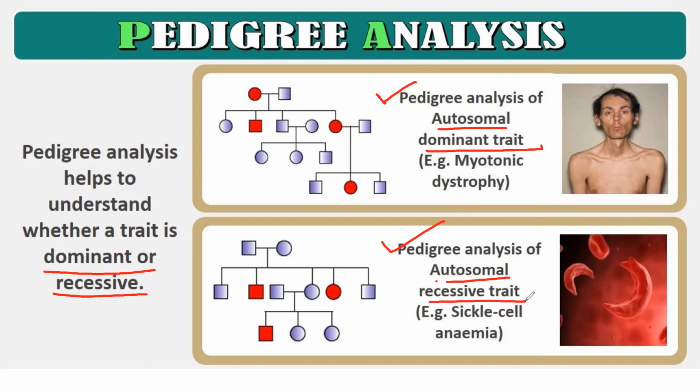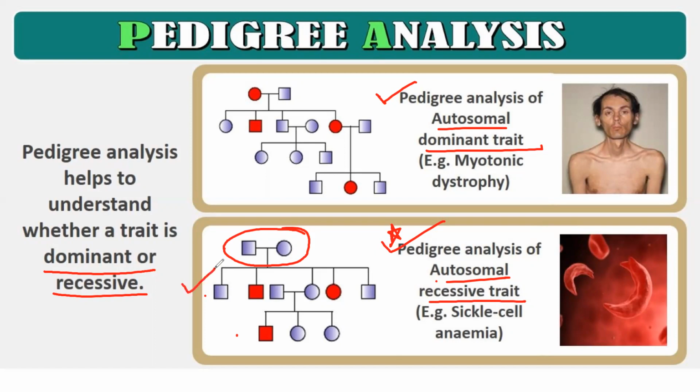Let's first discuss recessive. In recessive, in each and every generation, you won't find an affected individual. For example, here both the parents don't have it, they are not red in color.